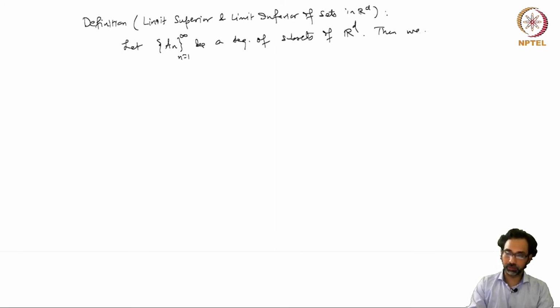Then we define the limit superior as n goes to infinity of A_n.